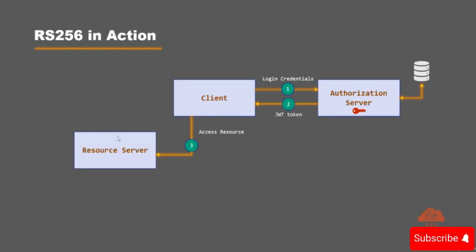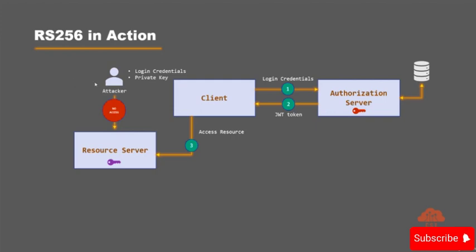Now, the resource server needs to validate if the signature present in the token is valid or not. So it uses the public key, which is publicly available with all the resource servers, to verify if the signature that's present in the JSON Web Token is valid or not. Once again, if an attacker tries to access these resources, the access will be denied because the attacker doesn't have a valid JSON Web Token.